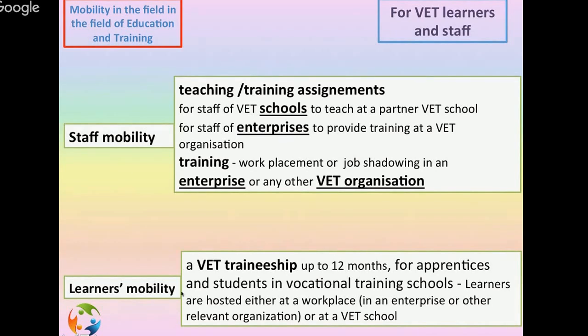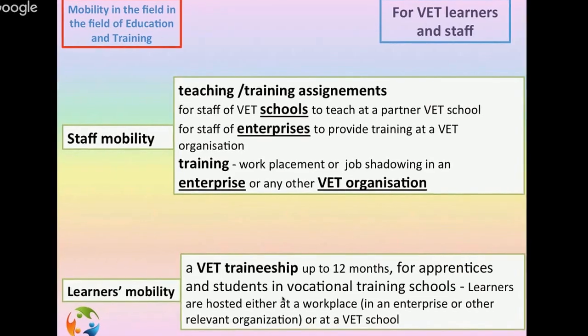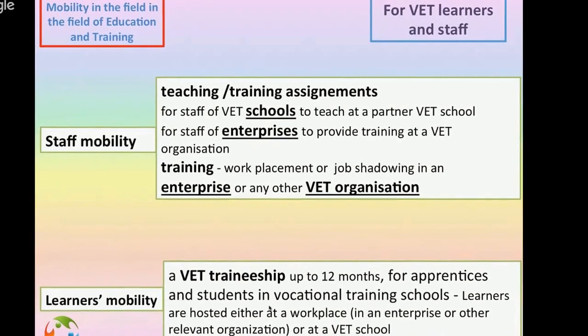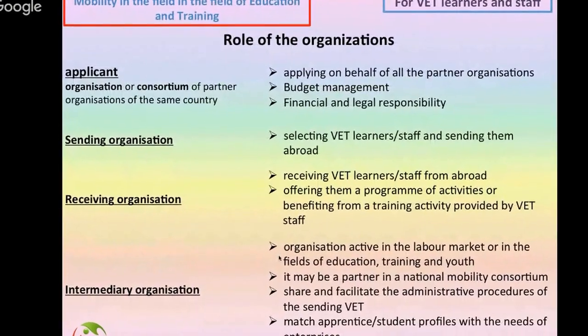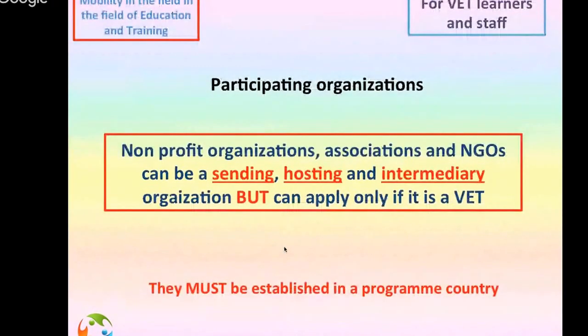For learners mobility, we have a VET traineeship, an internship that can last up to 12 months, and it's referred to apprentices and students that are in VET schools. Again, the role of the organization is the same as for the previous category.